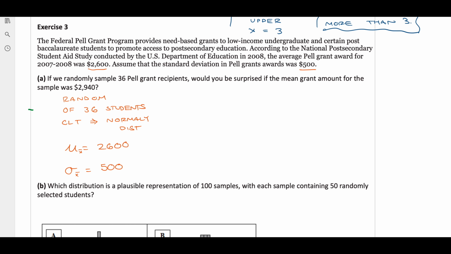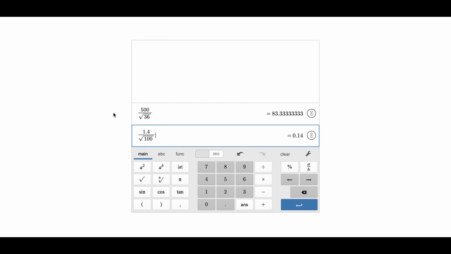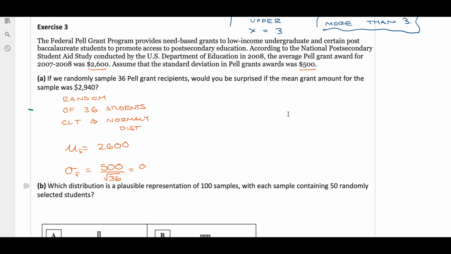The new standard deviation is going to be divided by the square root of 36. So the sampling distribution says that the standard deviation gets smaller by a factor of, in this case, the square root of 36, which is 6. So 500 divided by the square root of 36 is 83.33 repeating.